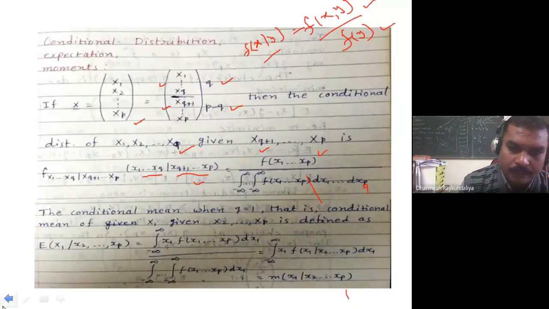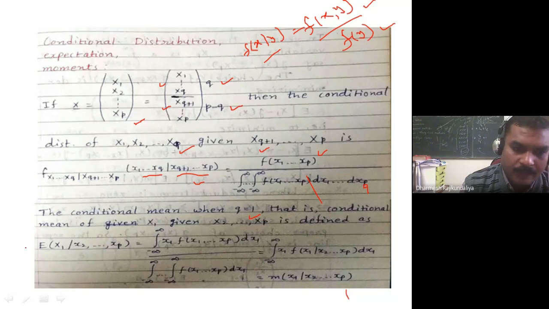If you are interested in finding the conditional mean, how will you find it? Let us take q equal to 1, that is, the conditional mean of x1. When q equals 1, in the first part it is x1 and the rest is x2 up to xp.